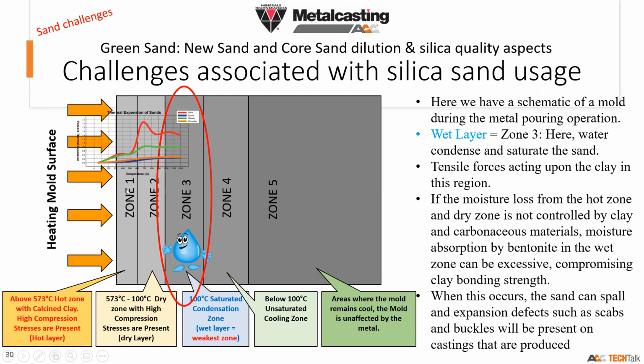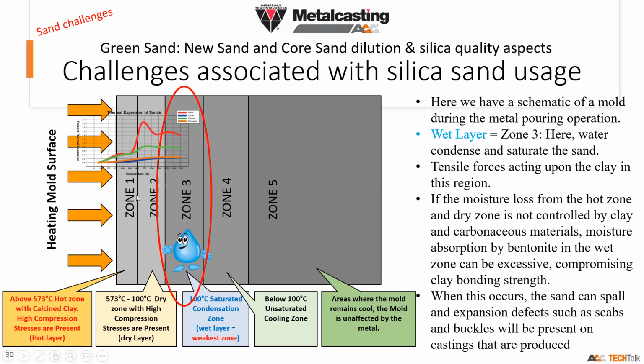At the same time, between zone 1 and 2, you have the expansion of silica sand happening, creating some tension. And because it is the weak zone there, you will have some sand breaking there, generating expansion defect. What is really interesting to know is that a tensile force acting in this region will be the cause of expansion defects such as scab and buckle in the casting.